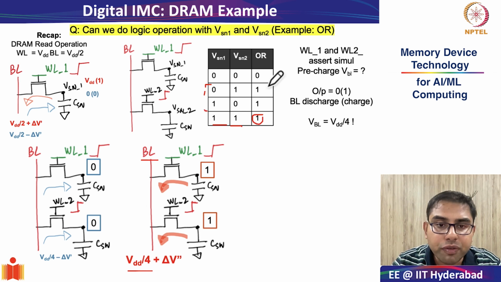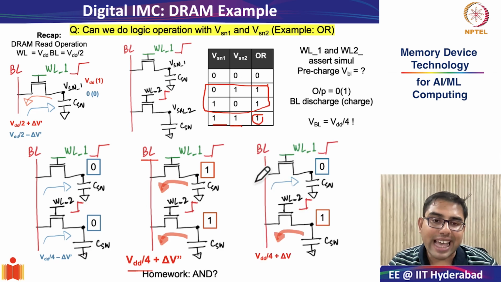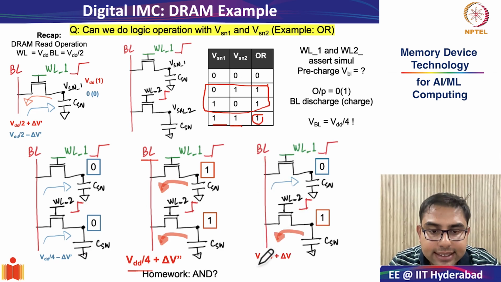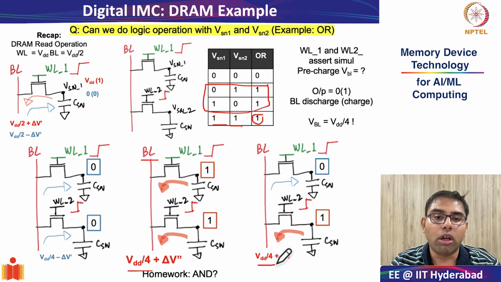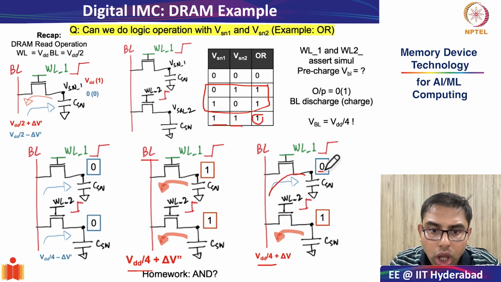But what happens for these two intermediate cases? For these two intermediate cases, what essentially happens is that since this value is VDD by 4, definitely there will be a read current which flows inside the storage node of 0 and a read current which flows outside of the storage node of 1.